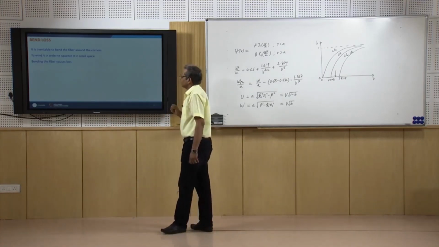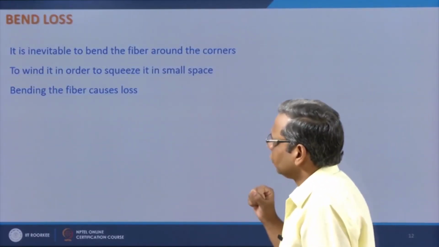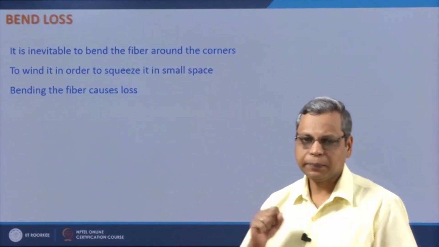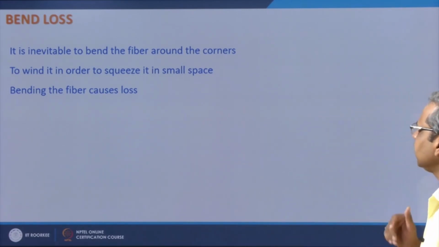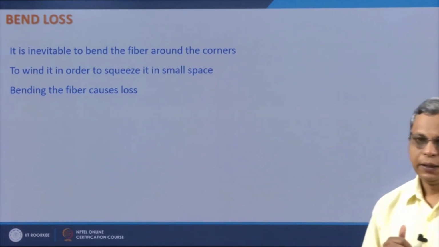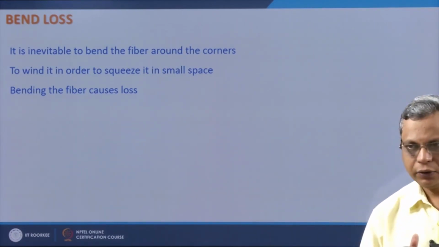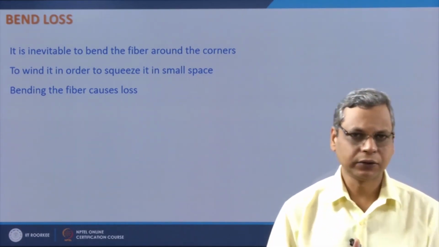So, it is important to find out what happens when you bend the fiber, and we will see that bending of the fiber causes loss. How much loss does it cause? On what parameters of the fiber does it depend?